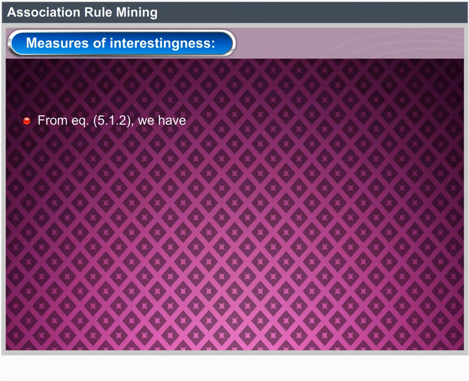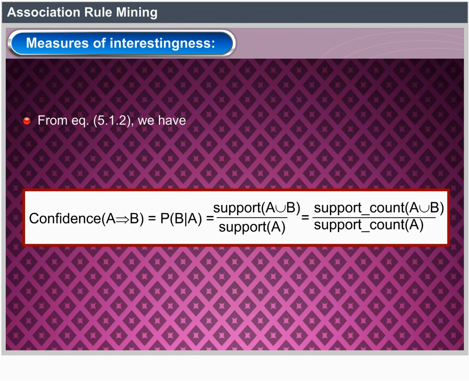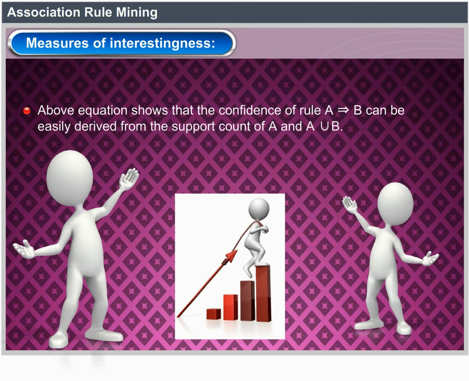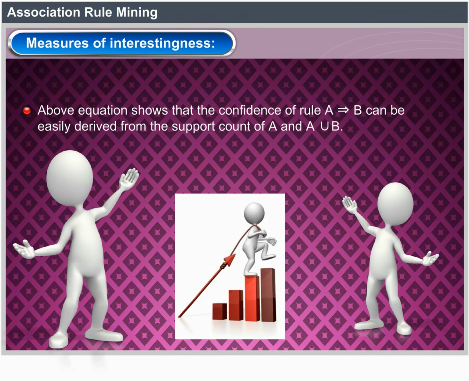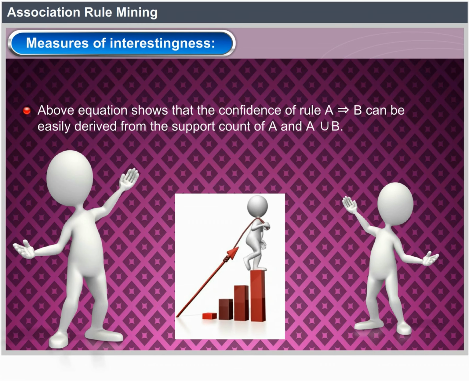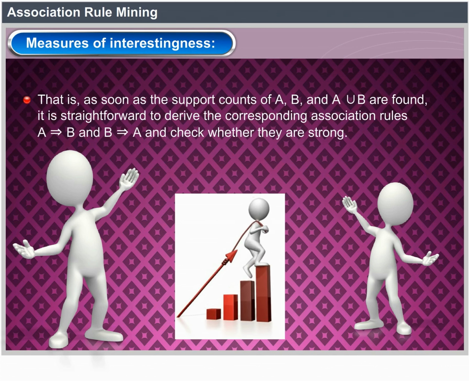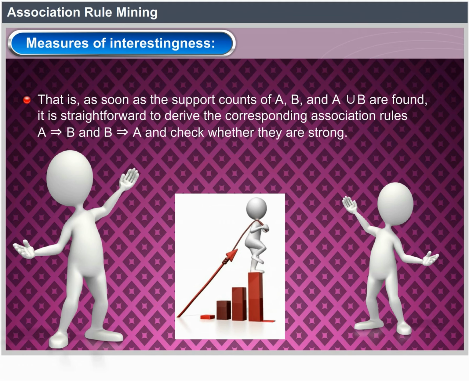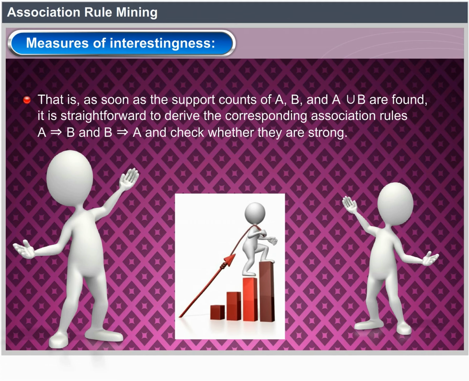From the equation, we have confidence of A implies B equals probability of B given A, which equals support of A union B over support of A, which equals support count of A union B over support count of A. This equation shows that the confidence of rule A implies B can be easily derived from the support counts of A and A union B. That is, once the support counts of A, B, and A union B are found, it is straightforward to derive the corresponding association rules A implies B and B implies A and check whether they are strong.